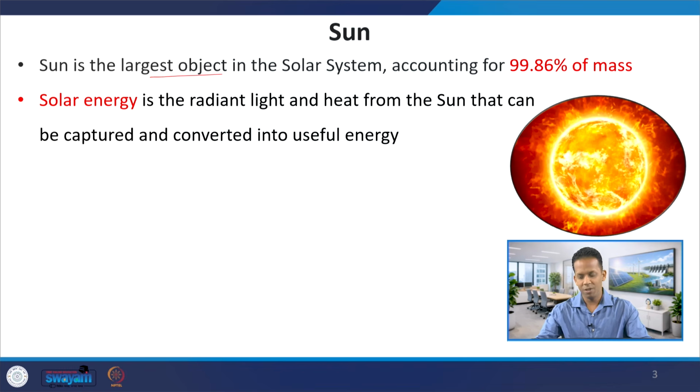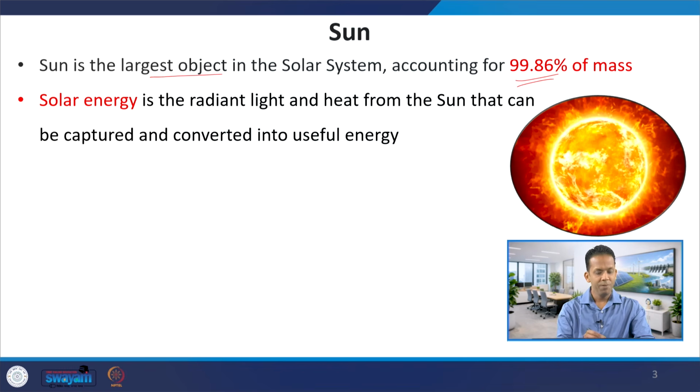Of all the objects in the solar system, it is the sun which accounts for 99.86% of the total mass. It means this entire solar system is obviously about the sun, and it is much bigger than each of the planets in the system.